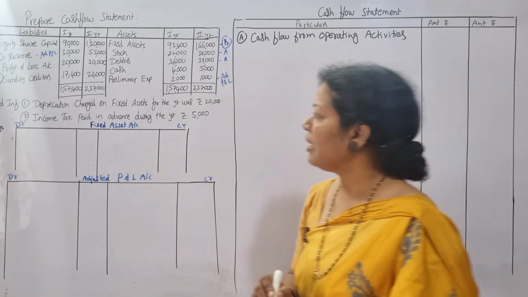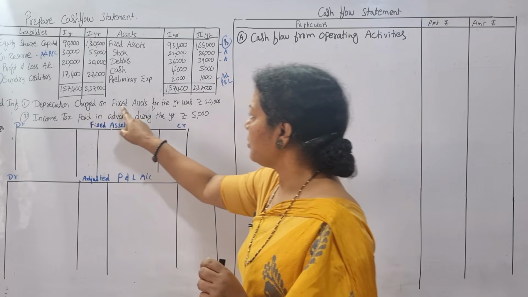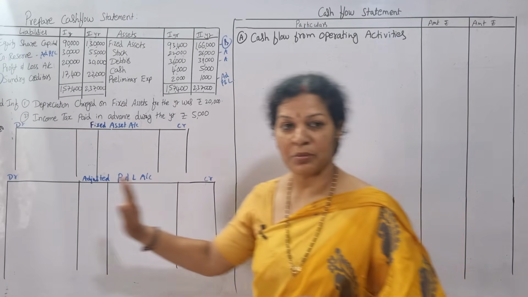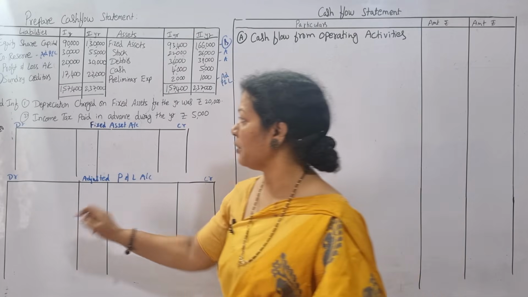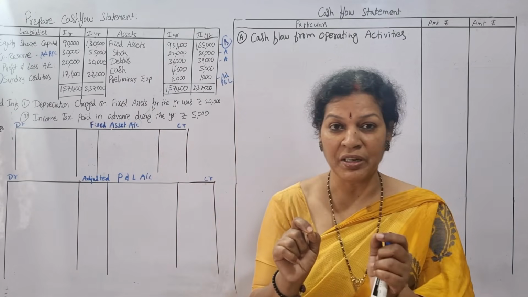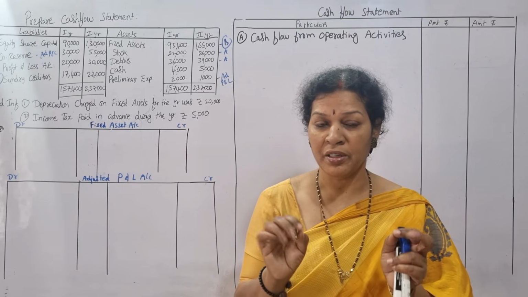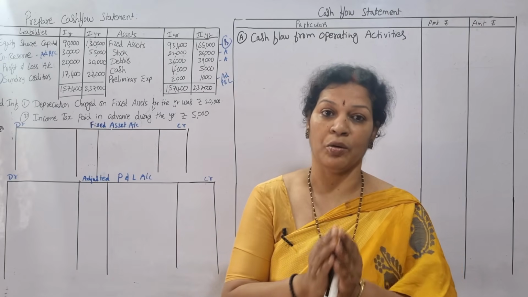Now they are asking adjustments of two items. One is depreciation charged on fixed assets for the year, 20,000. Depreciation always comes on the debit side of the adjusted profit and loss account. When depreciation is given in the adjustment related to any fixed asset, you have to open that asset account.